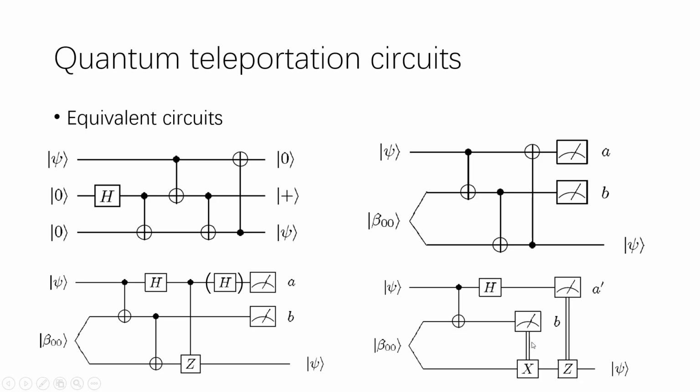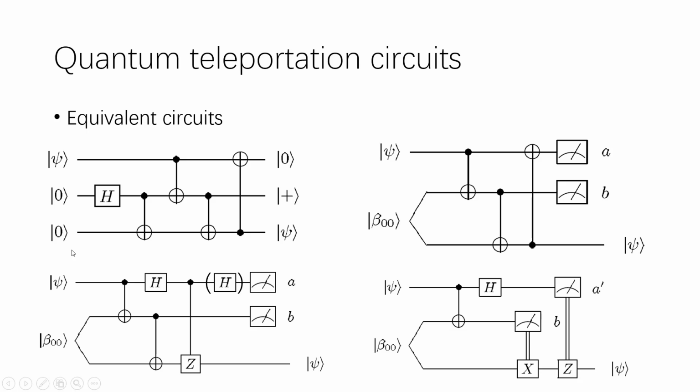You see that this classically controlled X gate corresponds to the quantum controlled X gate, or the quantum controlled NOT gate or CNOT gate, and this classically controlled Z gate changes to a quantum controlled Z gate, and then the measurement moves to the end. This Hadamard gate here is not necessary, so we will just delete it.